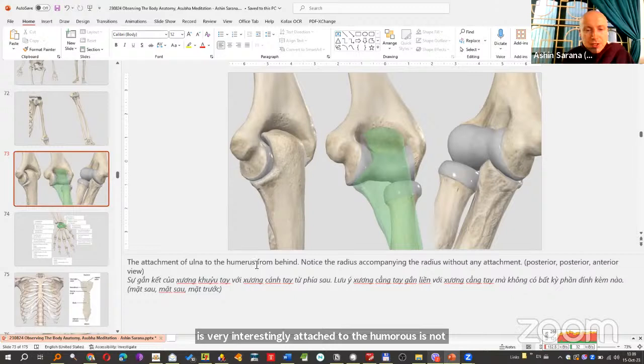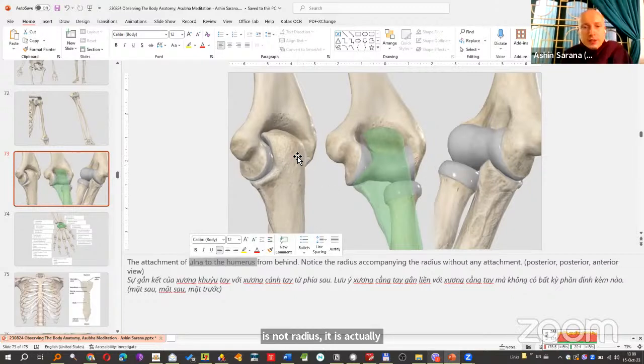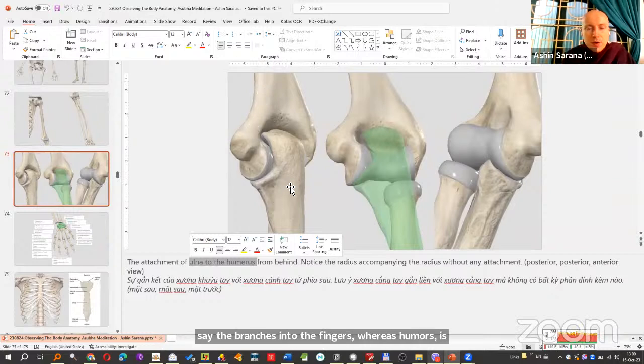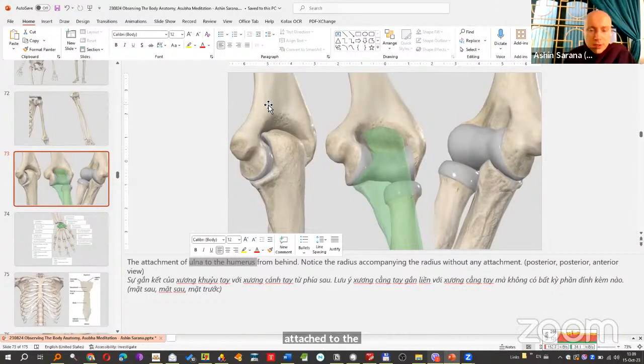Ulna is attached to the humerus, and it's attached from behind. So it is attached there. It's basically grasping for the humerus. So this is ulna, this is the humerus, and ulna branches into the fingers, whereas humerus is attached to the chest, or to the scapula.